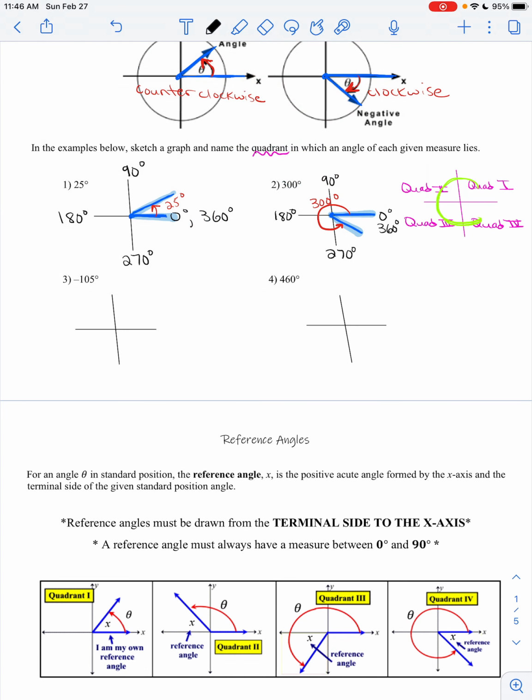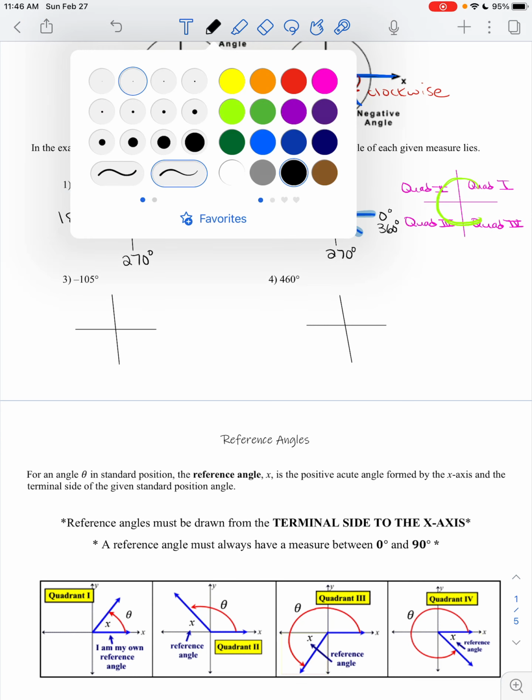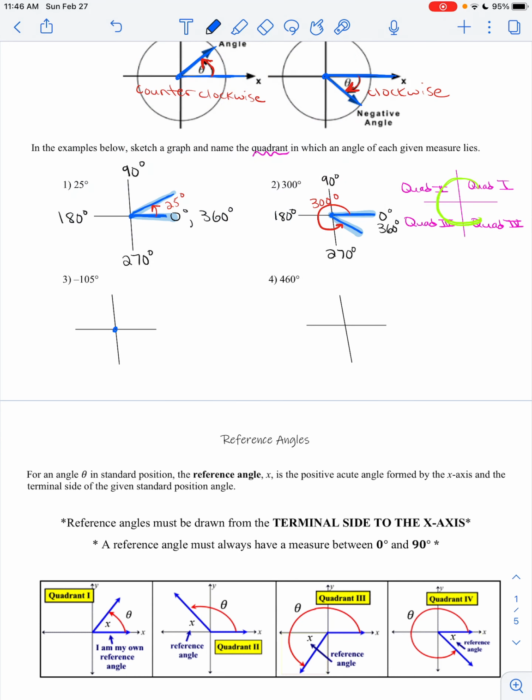Okay, now let's talk about the third one, negative 105. So I'm starting at the vertex, 0, 0. My initial side is the positive x-axis, but now I'm rotating clockwise because my angle is negative. So here's 0, but then I'm rotating clockwise.